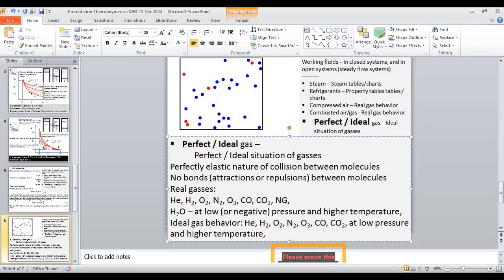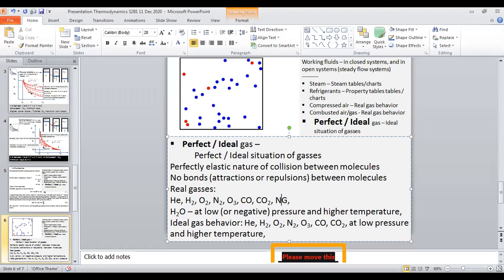So when you open the regulator or turn on the gas cooker, pressure drops suddenly. It is low pressure for that high pressure liquid, so it immediately turns into gas form.